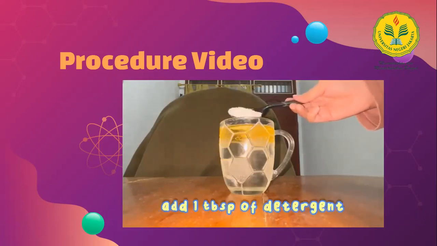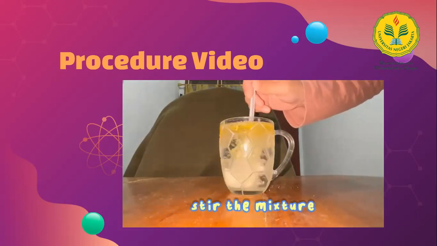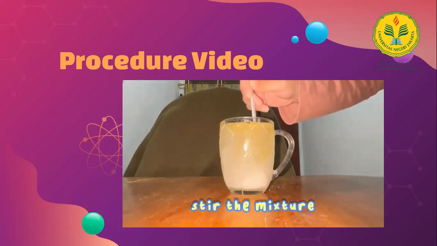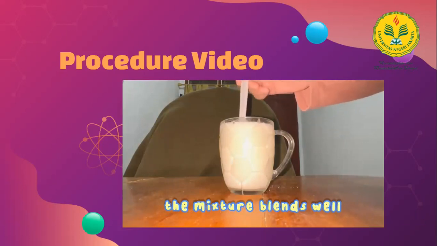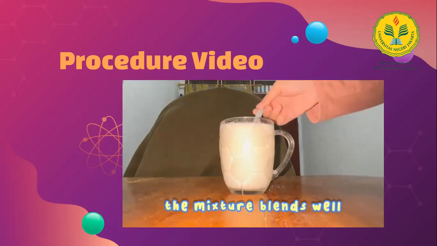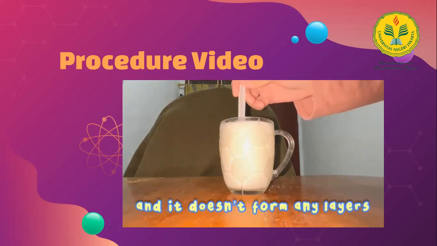After that, add 1 tablespoon of detergent and stir again until it is mixed. As we can see, the mixture blends well. And it doesn't form any layers.